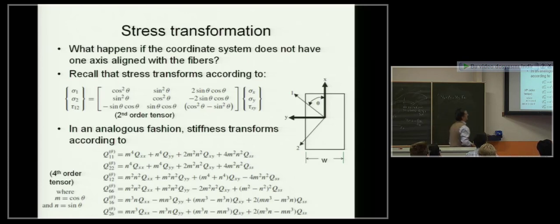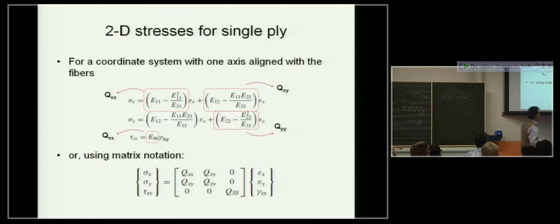And you will see that all of a sudden the quantities Q16 and Q26 appear, which are non-zero in general. What do I mean by that? I mean that our basic ply was defined at the bottom of this page, which had these two zeros, which would correspond to the Q16 or the QXS and the Q26 here.